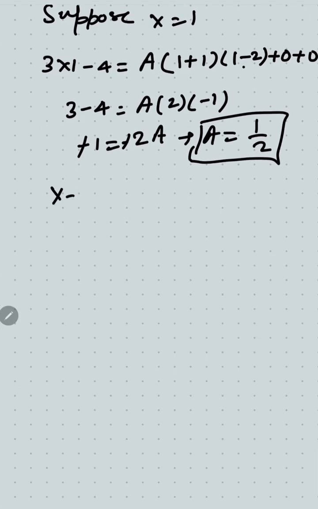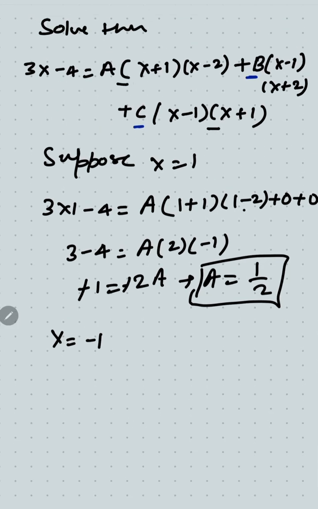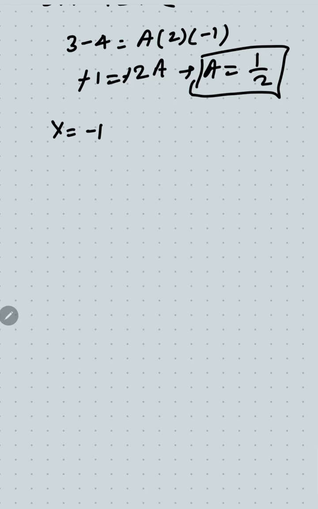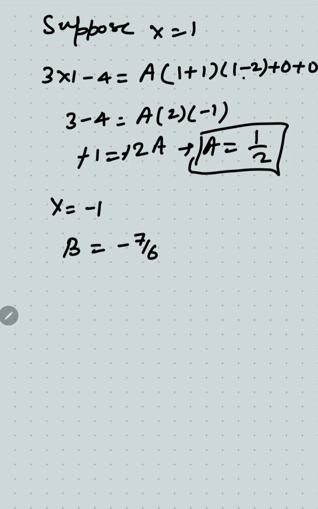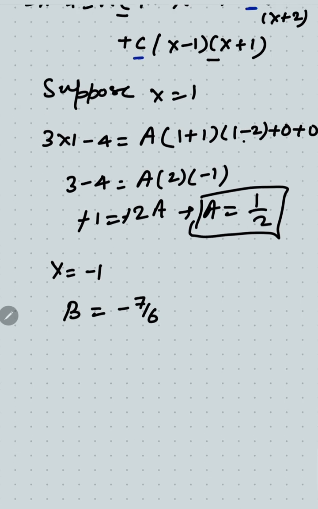In the same way, suppose that x equals negative 1, then the other terms will be 0. Then you can solve, and b will be negative 7 by 6, because this is negative 3 minus 4, that is negative 7, and there are 6.